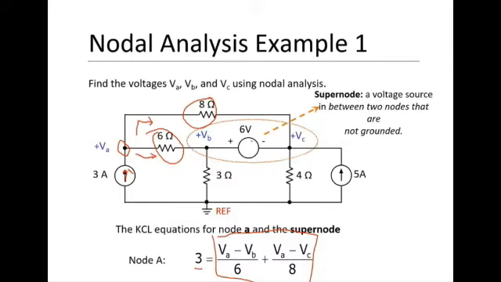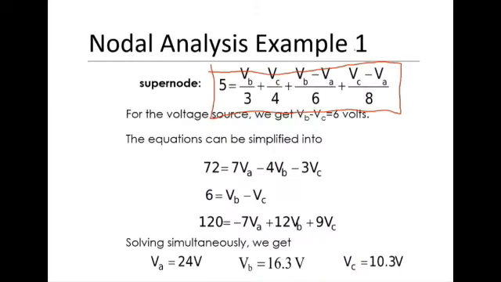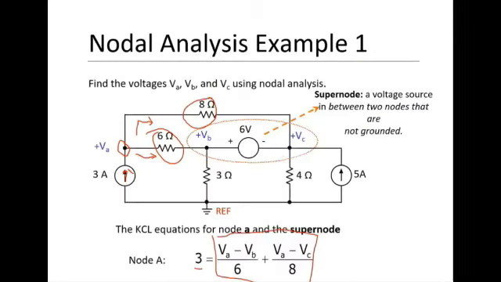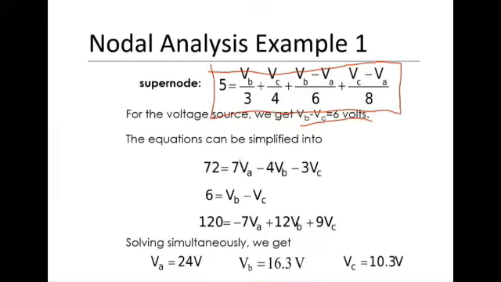Therefore, your third equation is VB minus VC is equal to 6, since the potential difference between these two nodes is forced to be 6 volts by the voltage source. So now we have 3 equations and 3 unknowns. We just need to simplify them. We get these 3 equations and we solve them simultaneously using your calculator. You'll get these values right here. Okay?